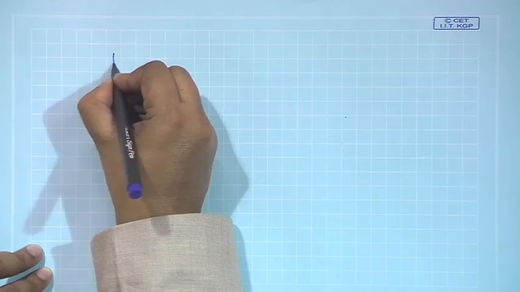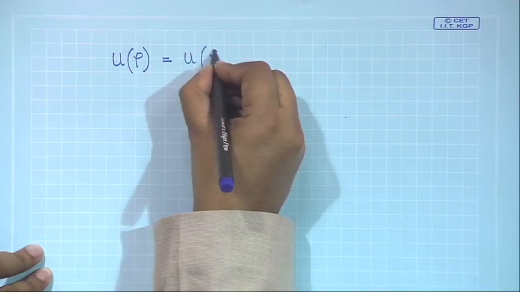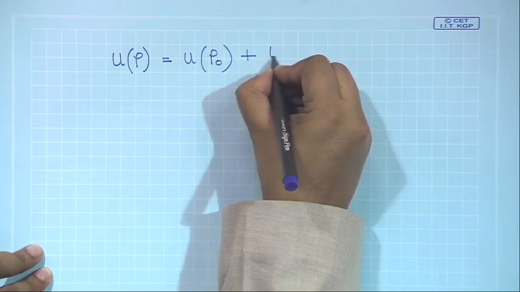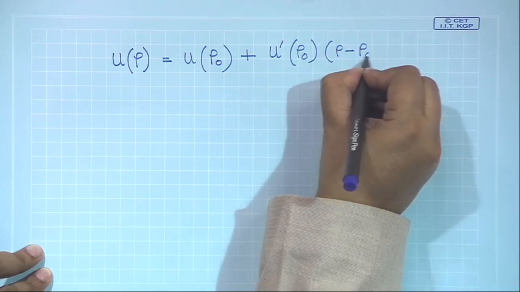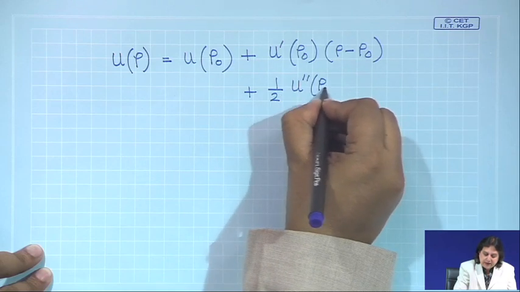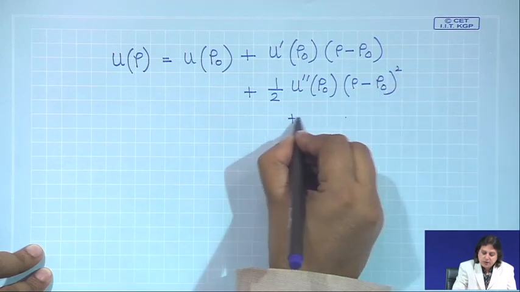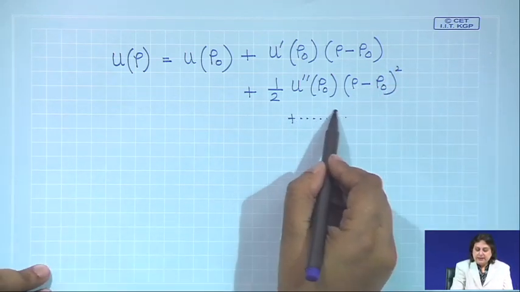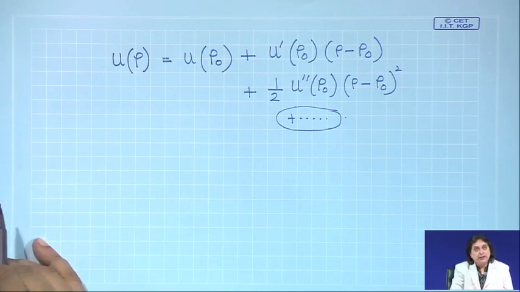Now, if that is so, then I can write down using Taylor expansion, u of rho is equal to u of rho naught plus u prime evaluated at rho naught into rho minus rho naught, plus half u double prime evaluated at rho naught into rho minus rho naught whole square, and so forth. I can very easily neglect these higher order terms in rho minus rho naught if the displacement from the equilibrium bond length is small.